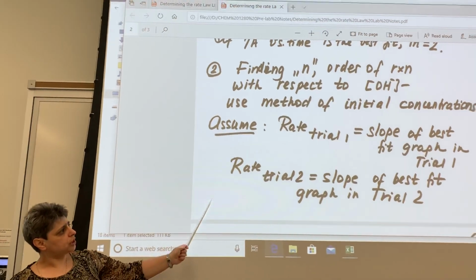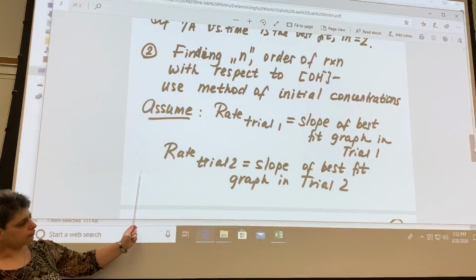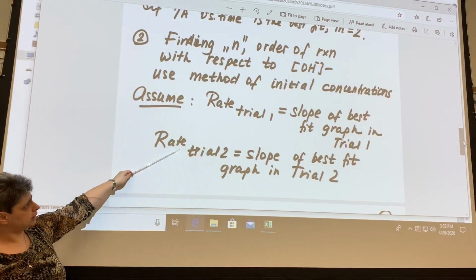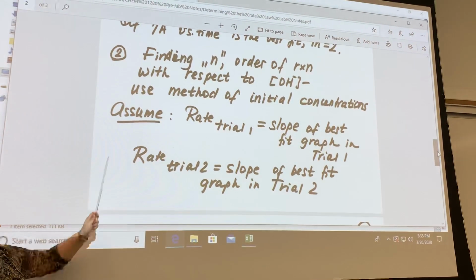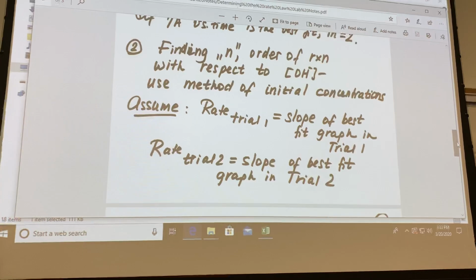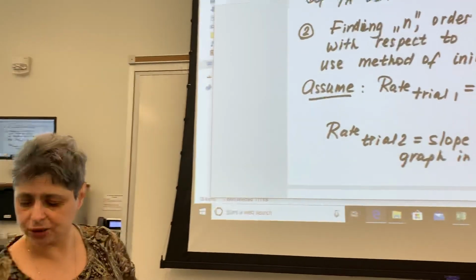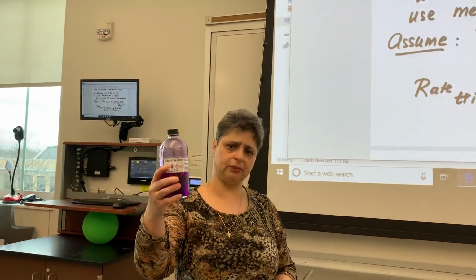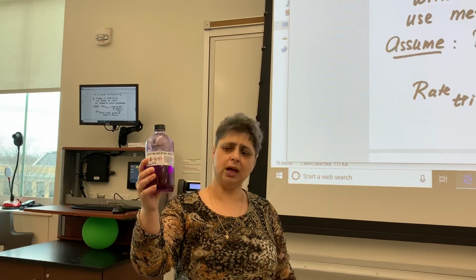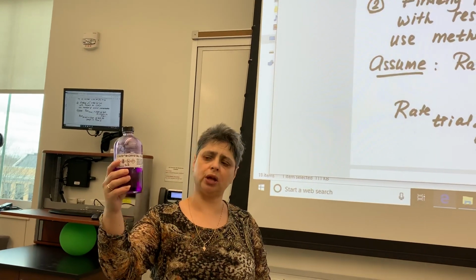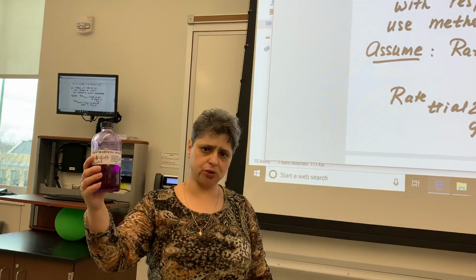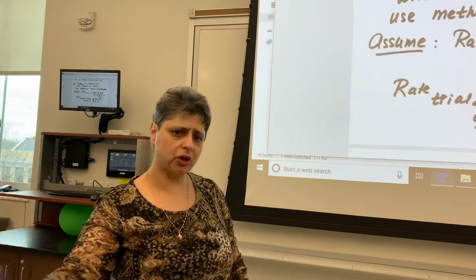So going back to this, there are 2 trials, as you can see, trial 1 and trial 2. So the difference between the 2 trials, again, is the concentration of hydroxide. Now, I mentioned that the concentration of the dye is 1.5 times 10 to the negative 5th. You would have been using the same solution of the dye for both trials. So what about hydroxide?